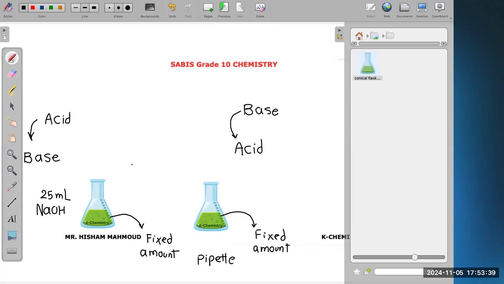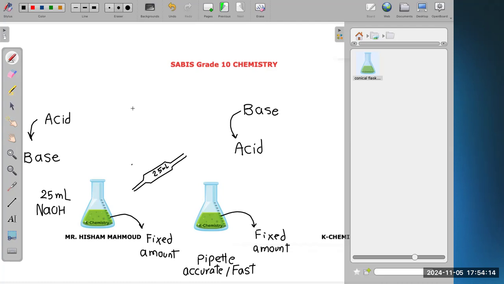So I will take this pipette and put 25 ml from my acid or base according to the experiment. Sometimes you put an acid or a base. So I will take my pipette which says 25 ml on it, and then I will take 25 ml from the acid or the base according to my experiment. It's a very accurate way and very fast. So the pipette is what? Very accurate and very fast. I can get it in a second.